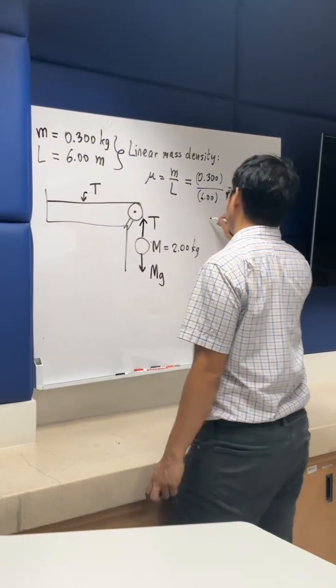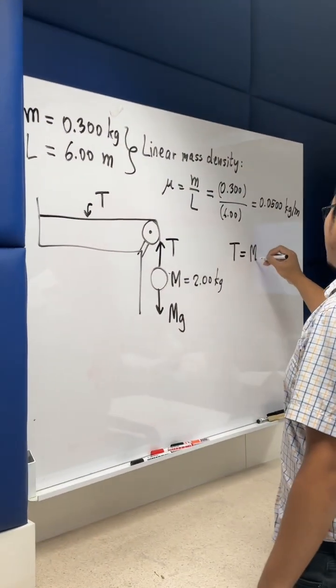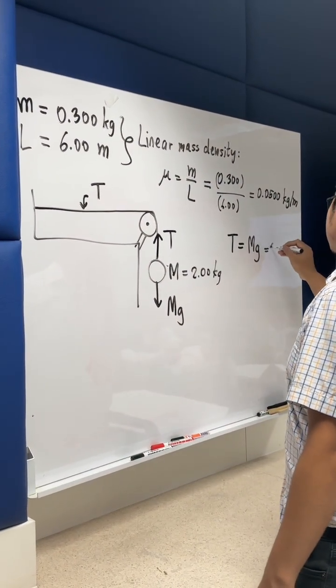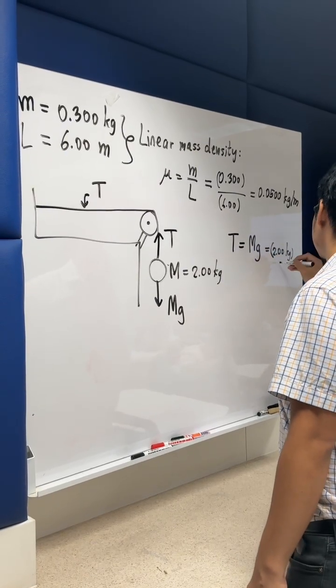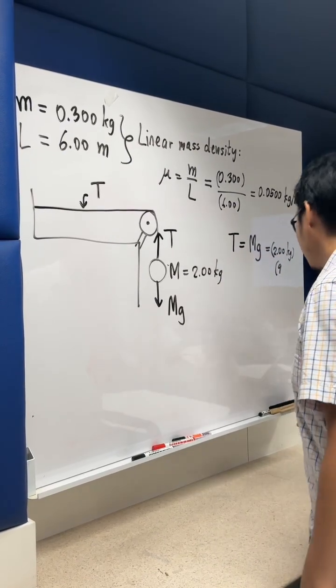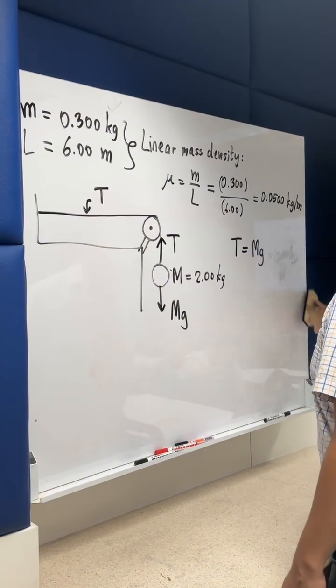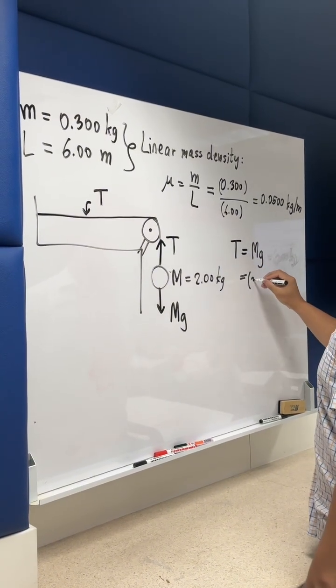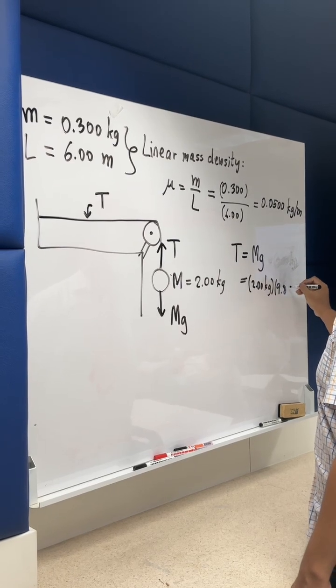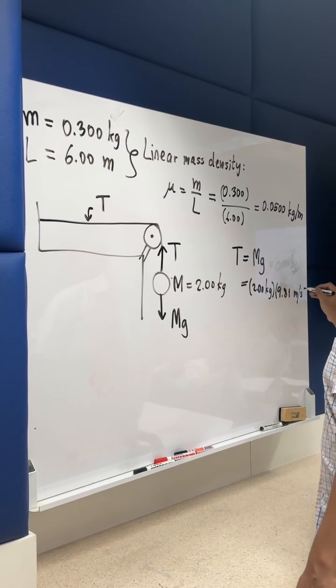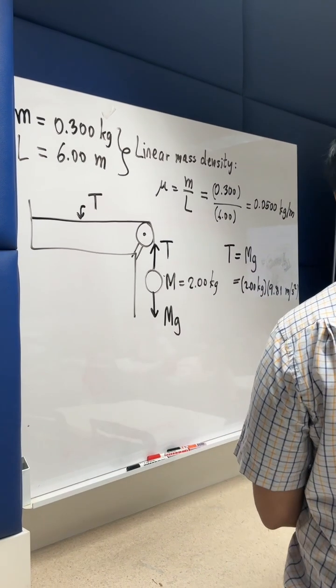So the tension T here must be equal to mg, and it is just 2 kilograms times the value of g, 9.81 meters per second squared, right?